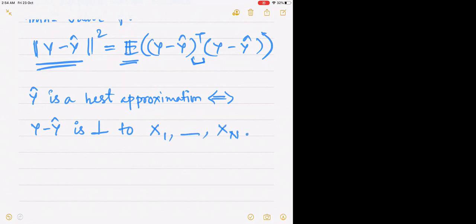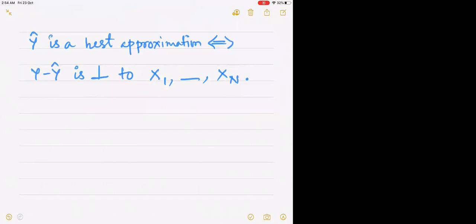Now, what does that mean? Well, that means the expected value of y minus y hat, the transpose, into xi must be 0.